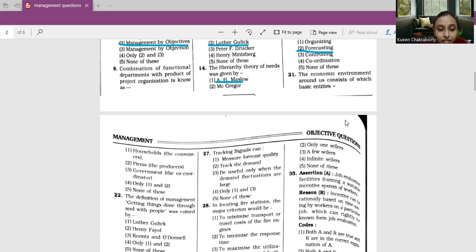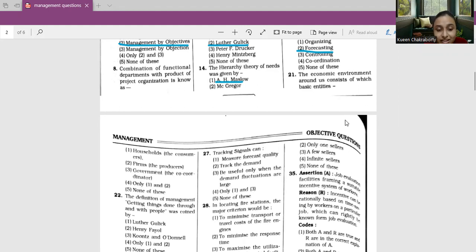Households and firms are interrelated. Households provide their services to firms and get paid for the same in the form of salary or wages, whereas firms provide goods and services to the household and get paid in the form of prices.